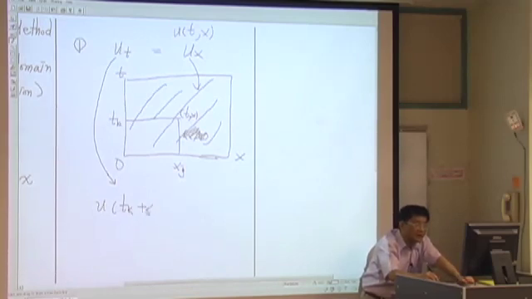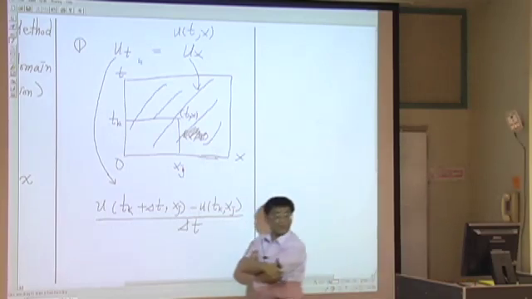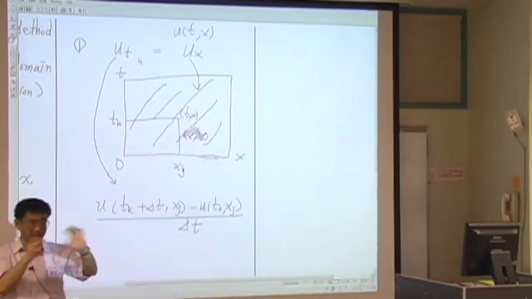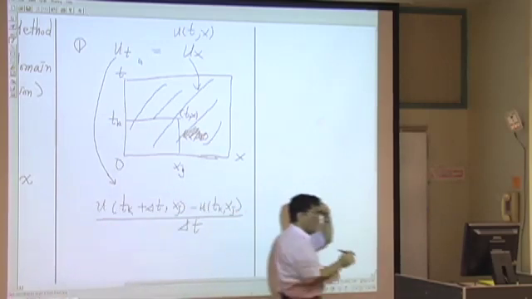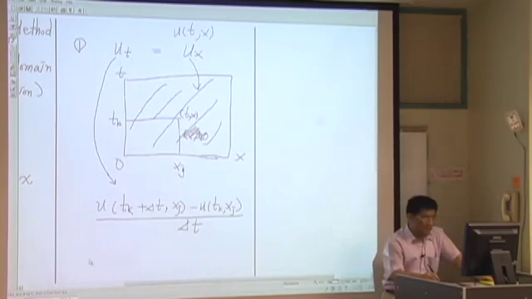Any questions? It's obvious, right? This is the t-directional partial derivative. And similarly, the right-hand side can be rewritten this way.